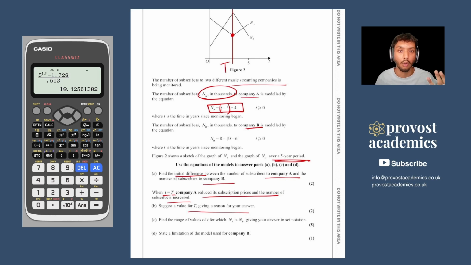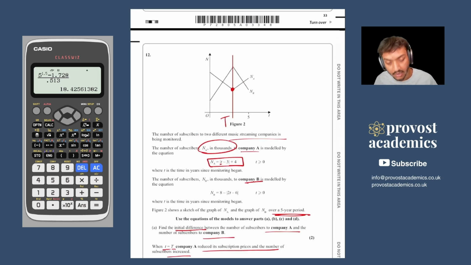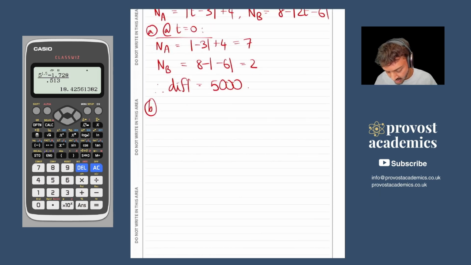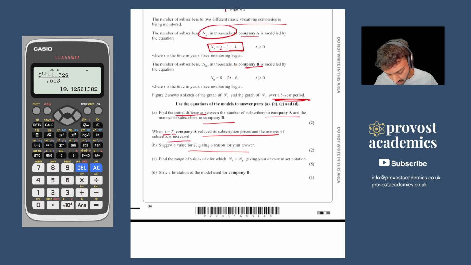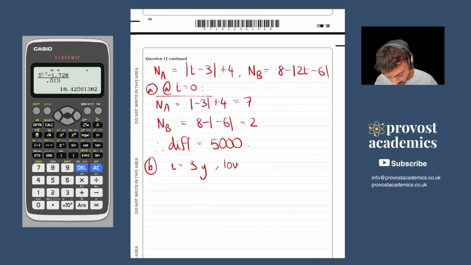So I get 4, okay? And that kind of coincides with the graph as well. You're looking for a number that is somewhere in the middle of 0 and 5, so it makes sense to be 3 in this case. So I'm going to say T equals 3 years. Give a reason: that's the lowest subscriber count. So, subs count. Just going to leave it at that.